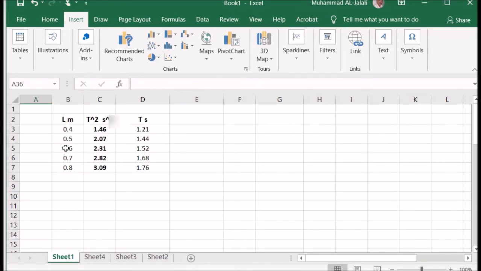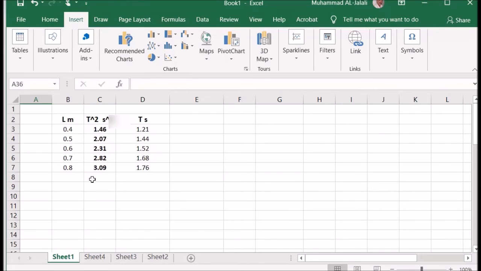The first column is the length, the third column is the period, and the second is T square, the square of the period.